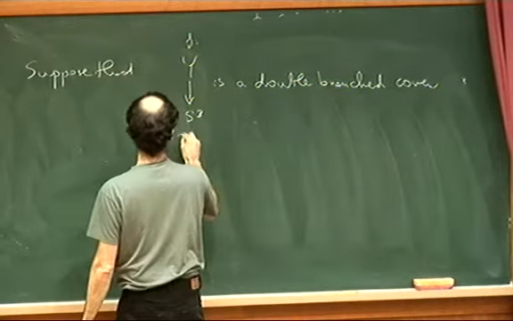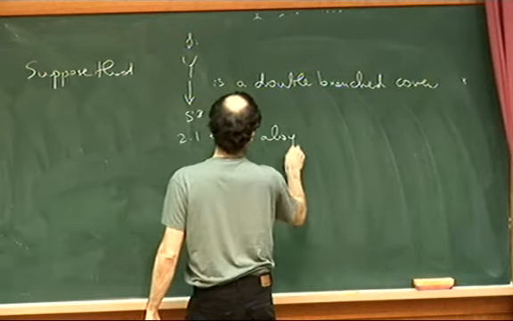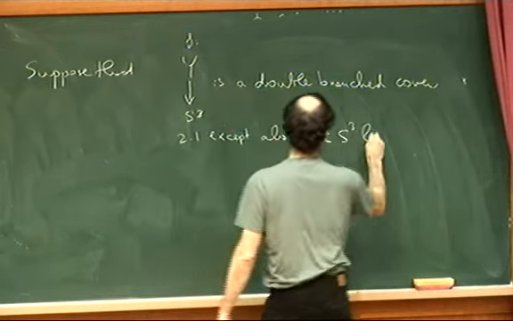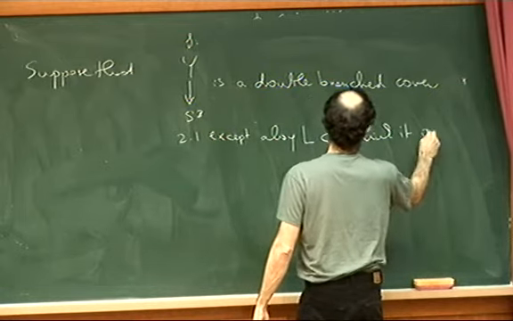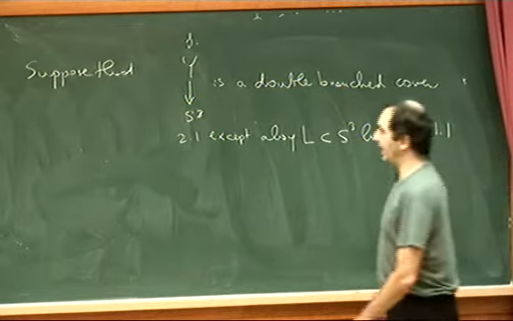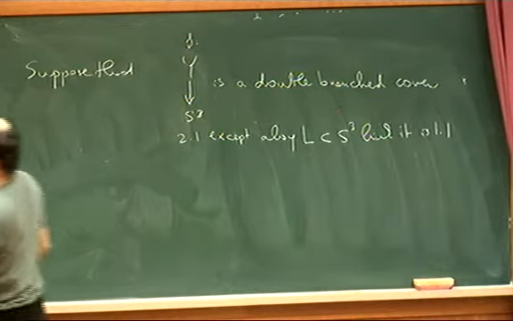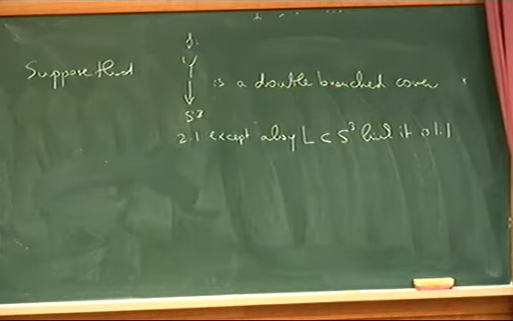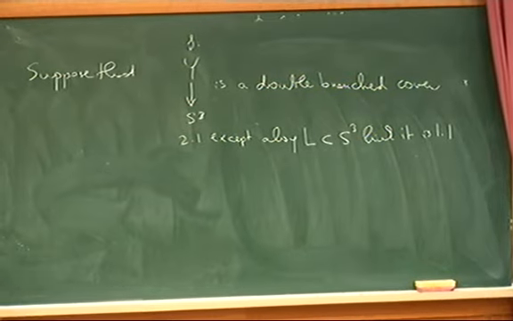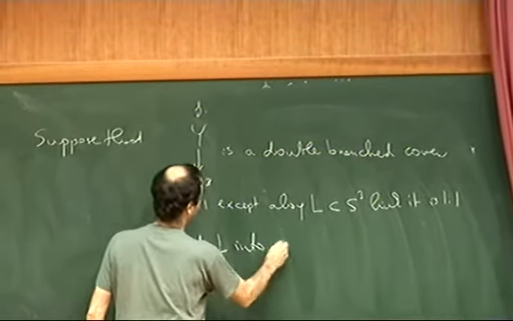So it's 2-to-1, except along L in S3, a link, it is 1-to-1. Suppose that such a map exists, then what we do, we take this link, we put it into a Heegaard decomposition like that, with O's and X's, with O's and W's. So put L into a grid.